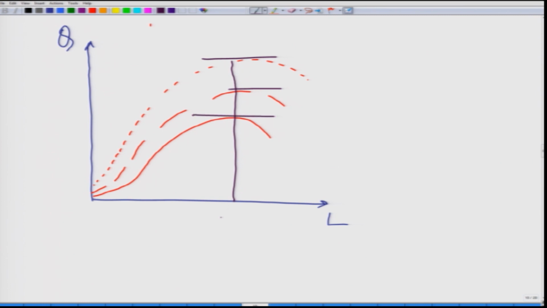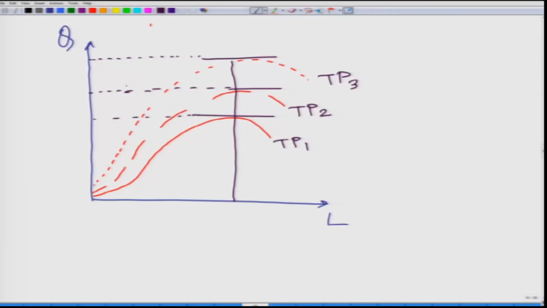But the total product curve has shifted upwards from 1 to 2, from 2 to 3, which shows the amount of production with the same amount of labor, even if they have reached the maximum total product, after which the total product goes down. With all three different technologies, with those many labors, they have achieved the maximum. After that it's the same. After that they go down. But what is different is the amount of production which is being produced.